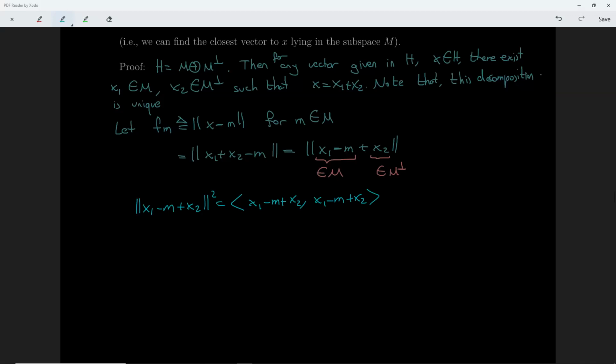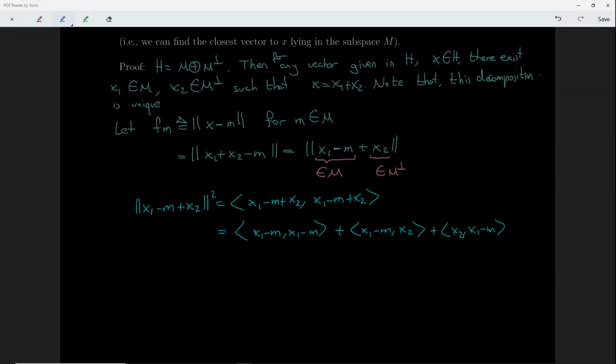All right, and now I can use the linearity with respect to the first argument and also the second argument to write this as the inner product of x1 minus m and x1 minus m, plus the inner product of x1 minus m and x2, plus the inner product of x2 and x1 minus m, plus the inner product of x2 and x2.